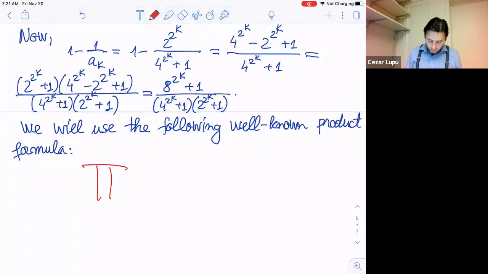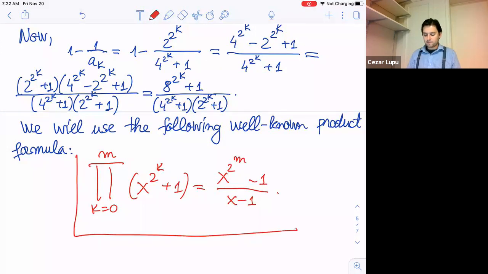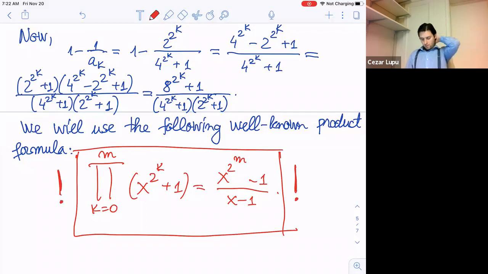The product over k from 0 to m of (x^(2^k) + 1), if you multiply all these terms, will give us (x^(2^(m+1)) - 1) over (x - 1). Well, it's pretty easy to see. We have this formula, right?